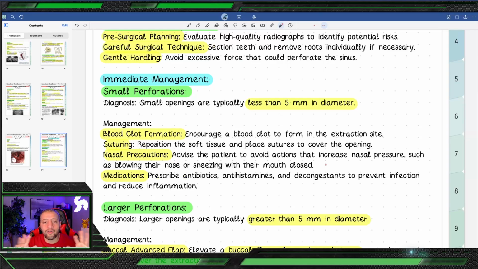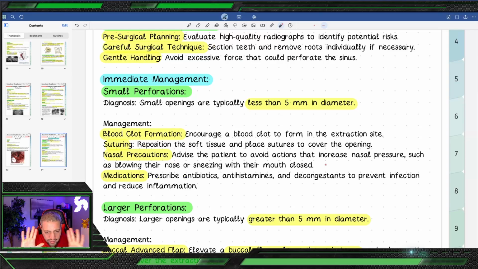So unless you have a very strong indication in the question telling you it's a big perforation, for example you did an extraction and it came with part of the tuberosity, or a big part of the buccal plate of bone, then for sure you have a big perforation and you do it a different way.